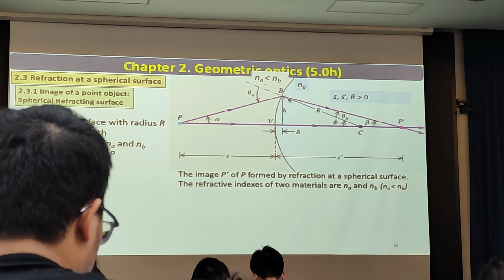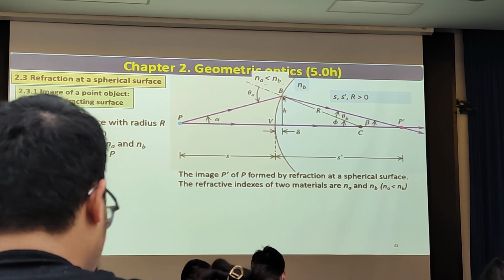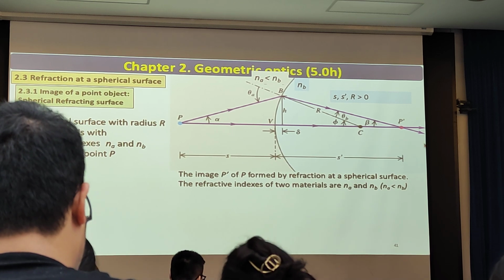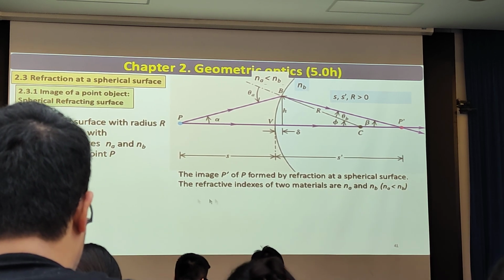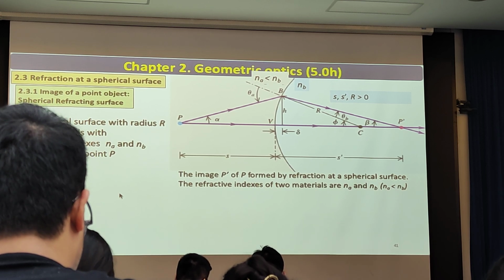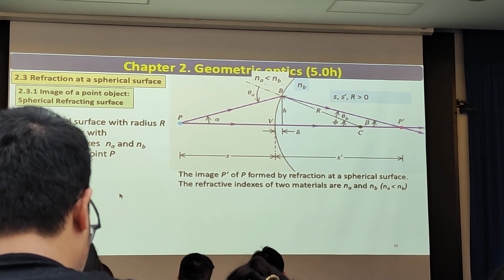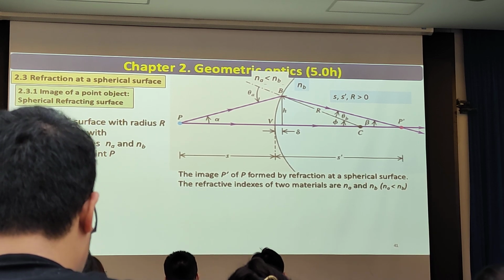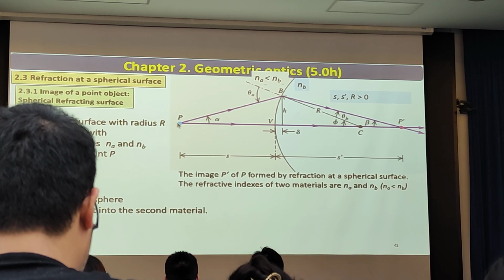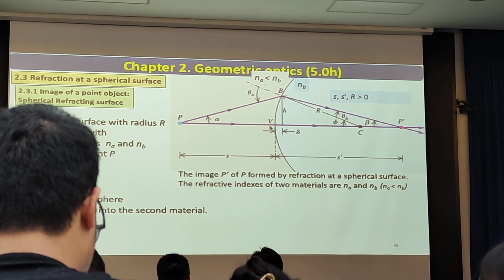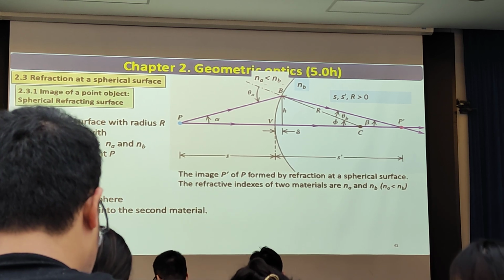If NA is larger than NB, then we will have another direction for the refracting ray, right? What we need to find in this part is the relationship between object distance and image distance, which is what we need to do through this chapter as well. So we draw first PV, which strikes the sphere, so it will pass straight into the second material.